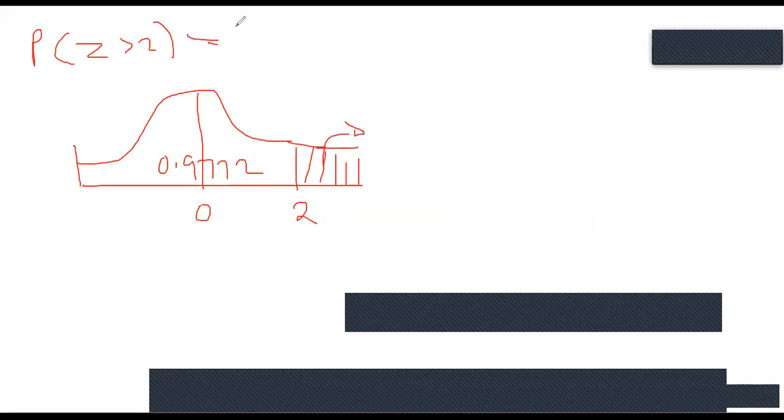We subtract 1 minus 0.9772. So we get 0.0228. If they said Z is less than 2, we would have read directly, because this up to the starting point is already 97.72%.